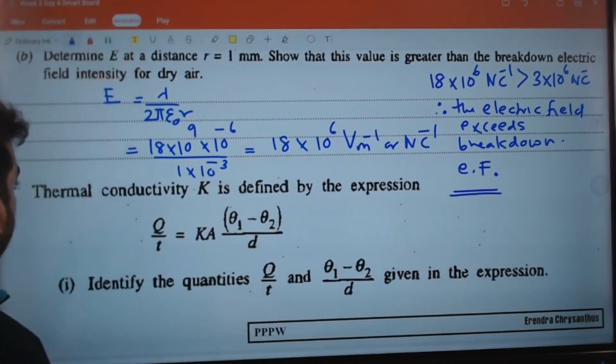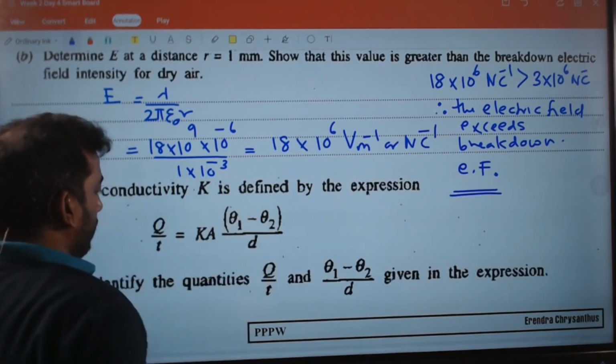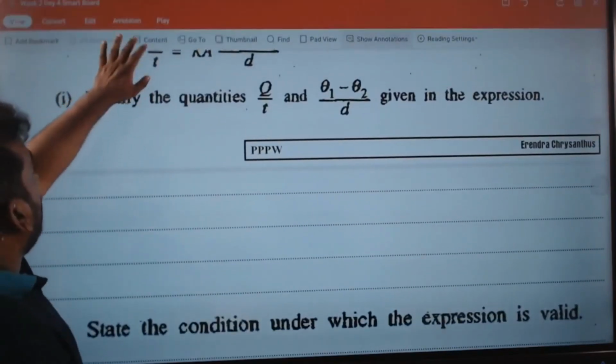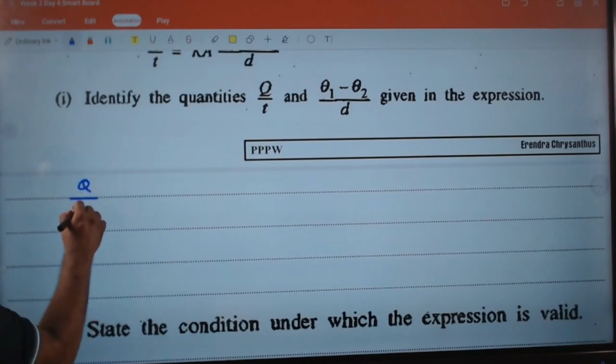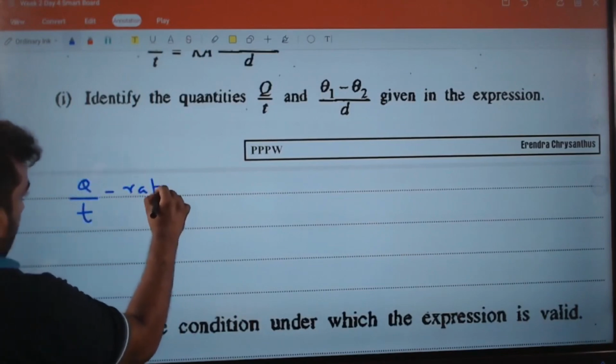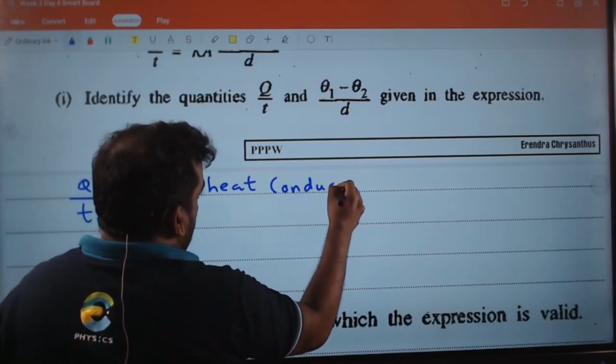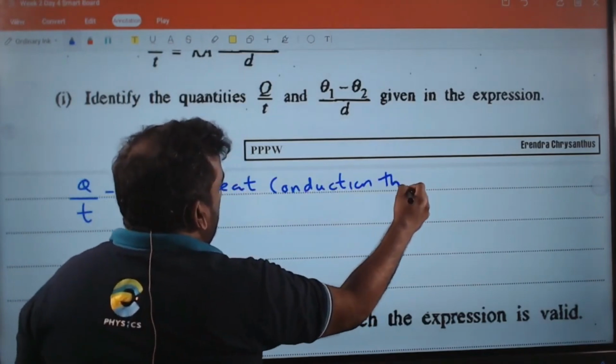Next one. Thermal conductivity K is defined by the expression Q over T equals K A (theta 1 minus theta 2) over D. What are they asking you? Identify the quantities. Q over T is the rate of heat conduction through the conductor.